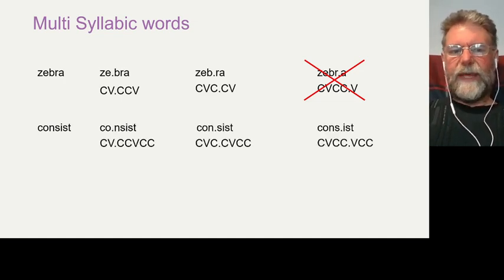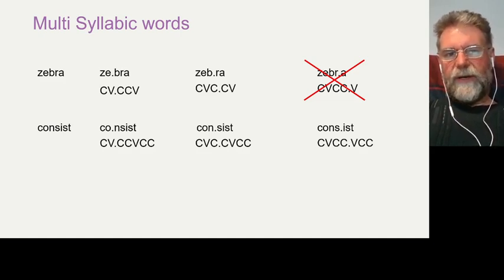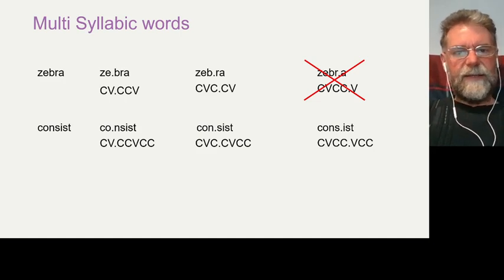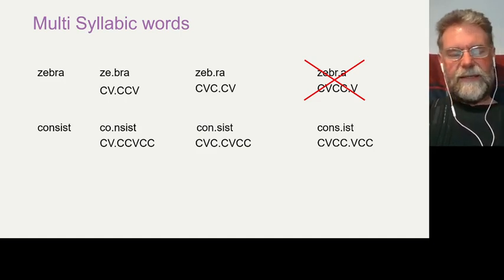Okay, again, we've got the same possibilities. We can put the boundary of the syllable either in front of both of the consonants, in between the two, or after both of them, and then we get co and nsist, or con and sist, or cons and ist.